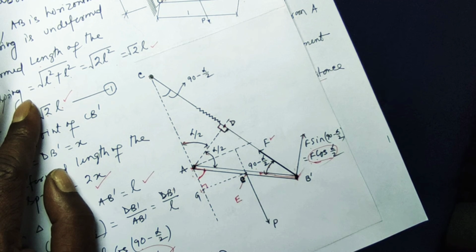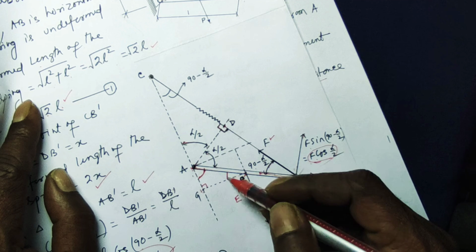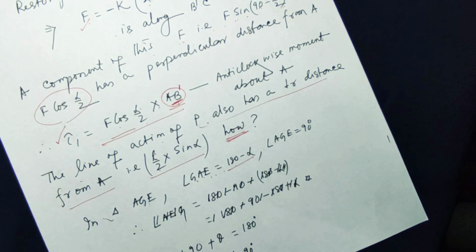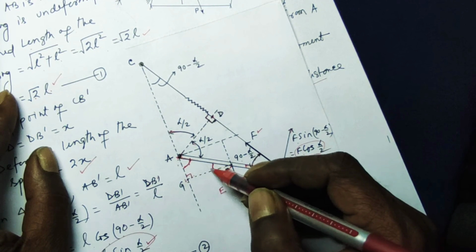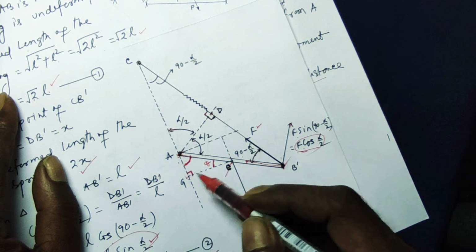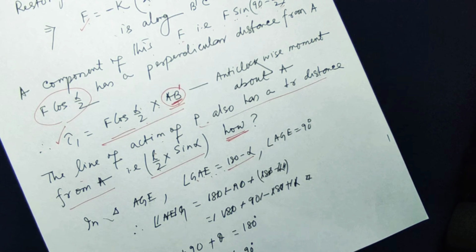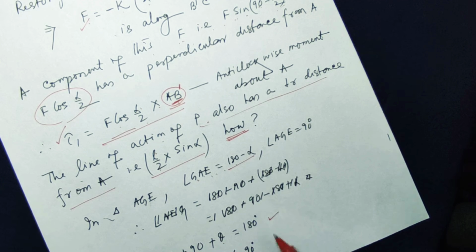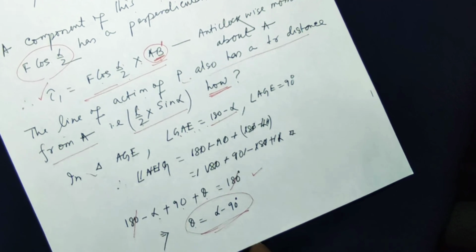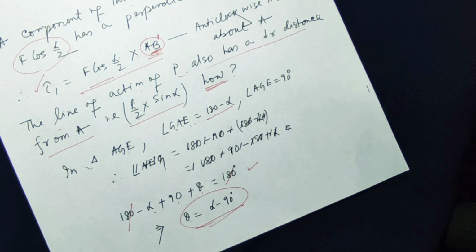This is your 90. When this one is added to this plus this, it will be 180. Let this angle be theta. So 180 minus alpha plus 90 plus theta is equal to 180 degrees. The 180 cancels, so theta is equal to alpha minus 90 degrees.